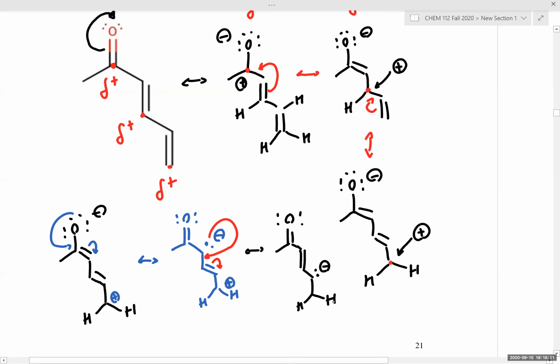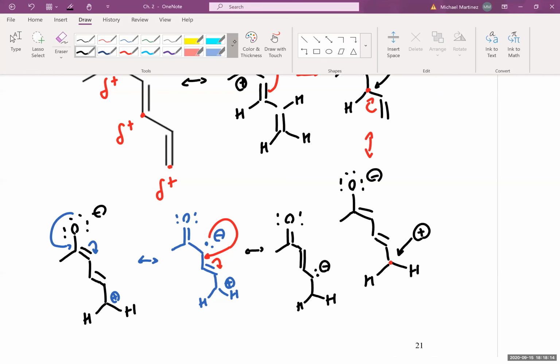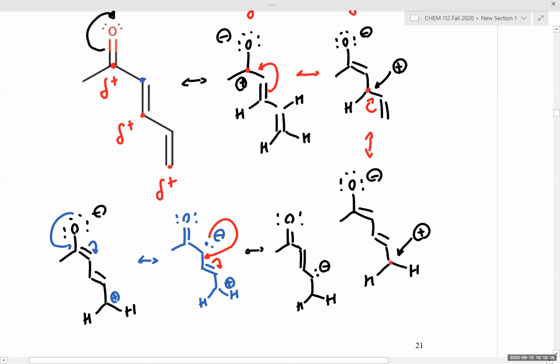So, continuing on with our trend, we notice that this first atom that I've marked in blue, also known as an alpha carbon, is that carbon electron rich or electron deficient?